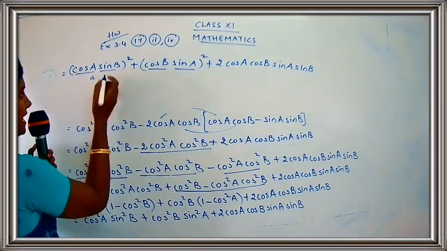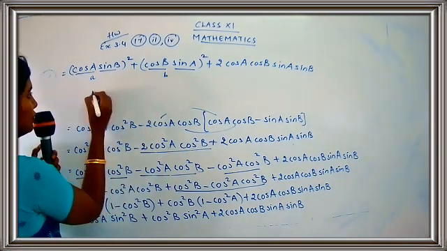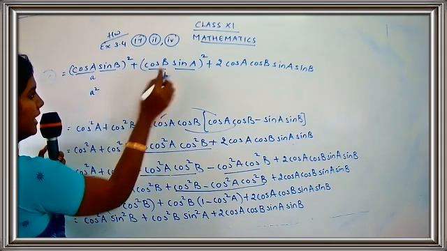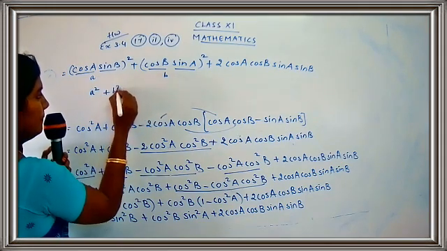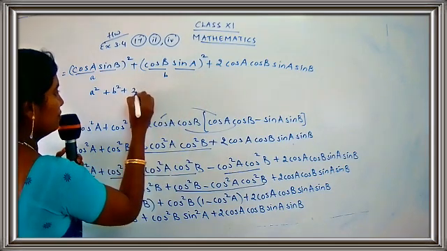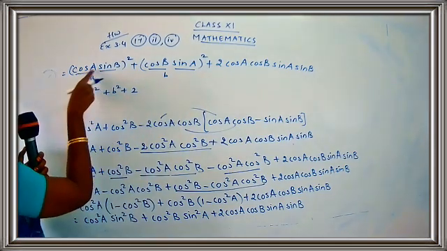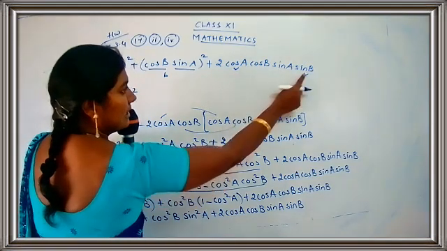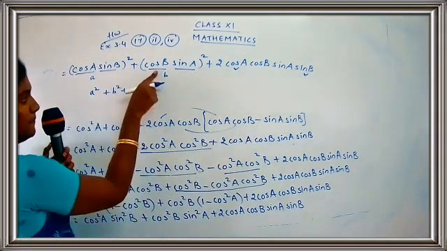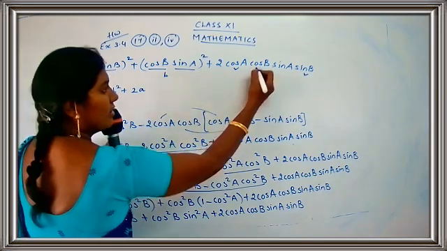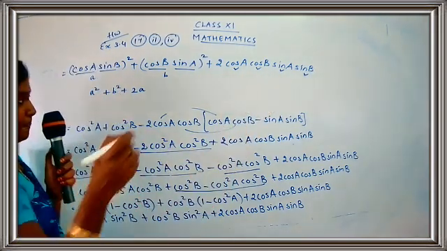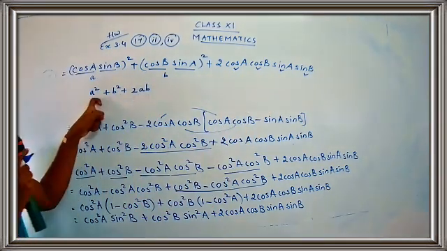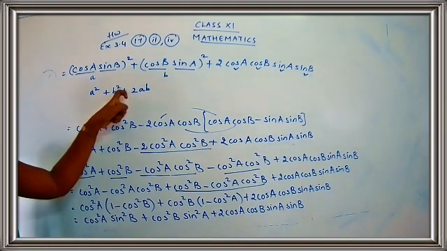So I have got a square, b square plus 2ab. What is a? Cos A sin B. What is b? Cos B sin A. You got a square plus b square plus 2ab.